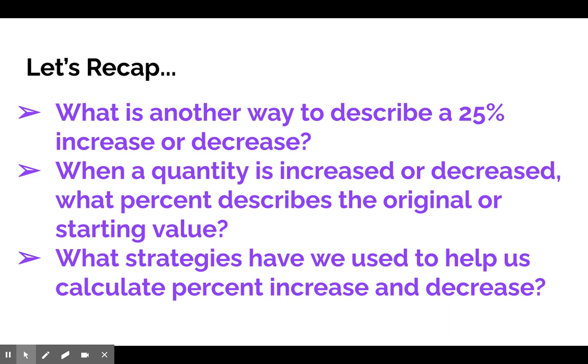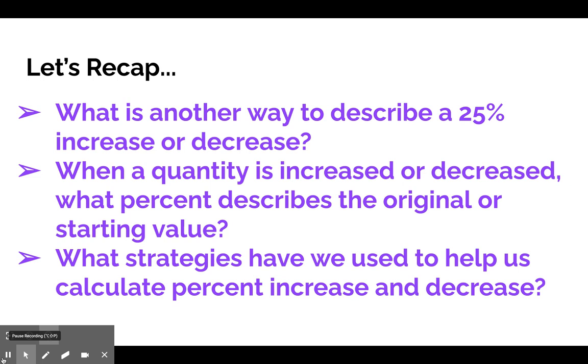And it says when a quantity is increased or decreased, what percent describes the original or starting value? Our starting value is 100%, and we're either increasing it by a percentage or decreasing it by a percentage.